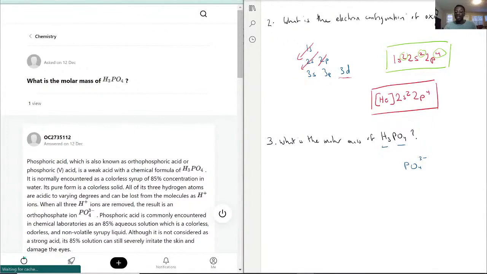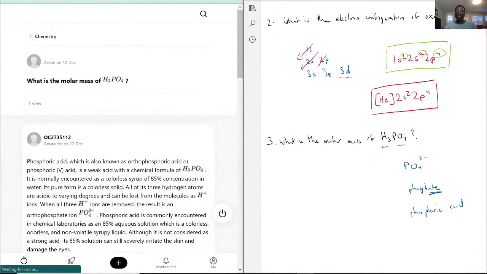In this case, the phosphate drops the -ate and instead ends with -ic acid. So you will have phosphoric acid. That is what H3PO4 is.